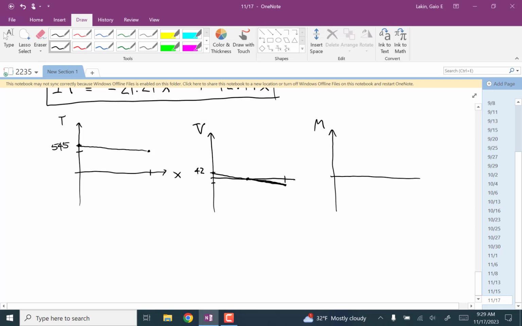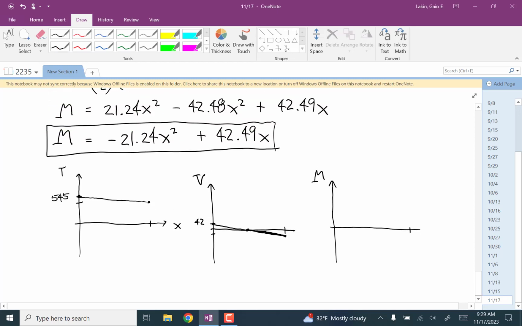And then for the bending moment, if you plug in x equals 0, you get a value of 0. If you plug in x equals 1, you get a value of this small thing, 21.24.